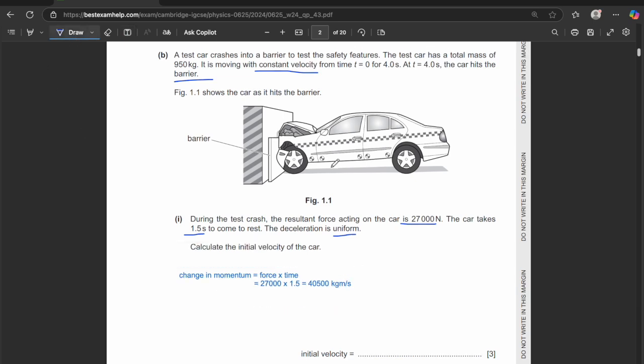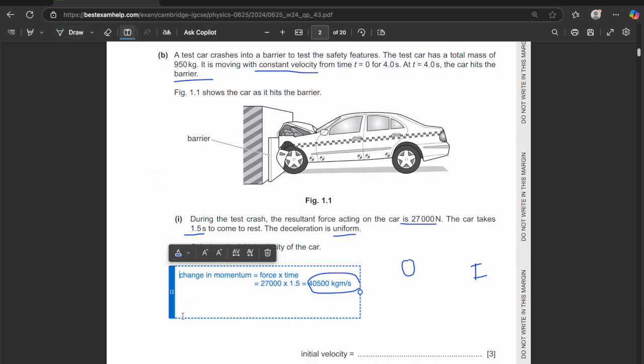So we know that the final momentum is going to be 0 because it stopped. If we want the initial velocity, we can calculate from here. This is the initial momentum that we have.